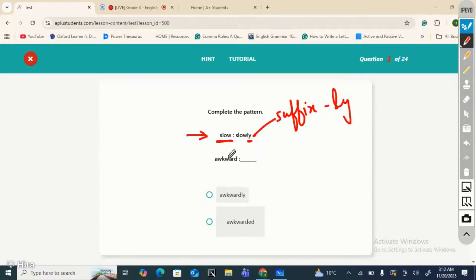I look for that word which shares the same suffix, same word pattern. Would it be awkwardly or awkwarded? Well, obviously the word which ends in the same suffix, that is awkwardly.